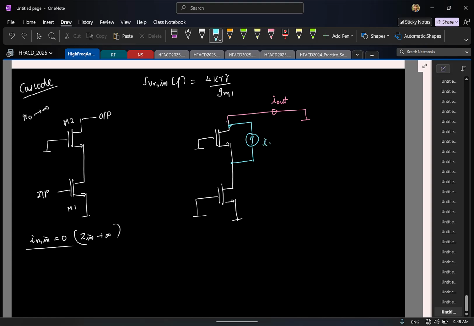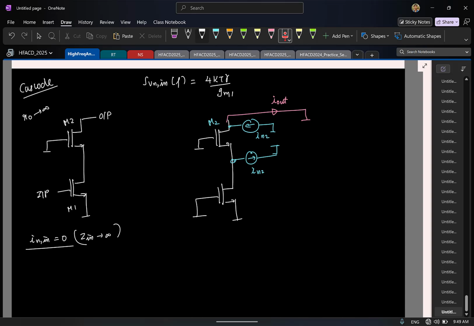Let's say this is IN2. As usual I have a floating current source, so I'll replace it as two current sources, one this way, other this way, IN2, IN2. Instead of having one current source, I split it as two series current sources.